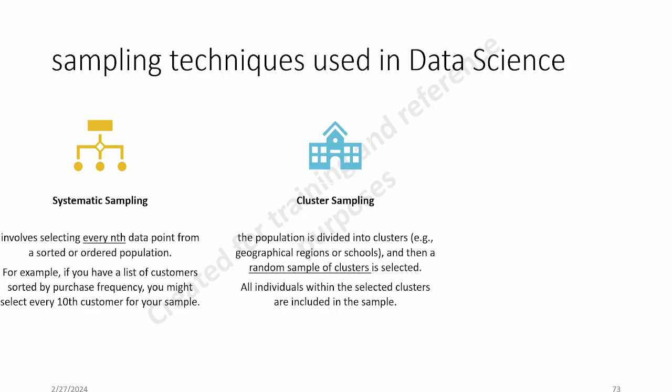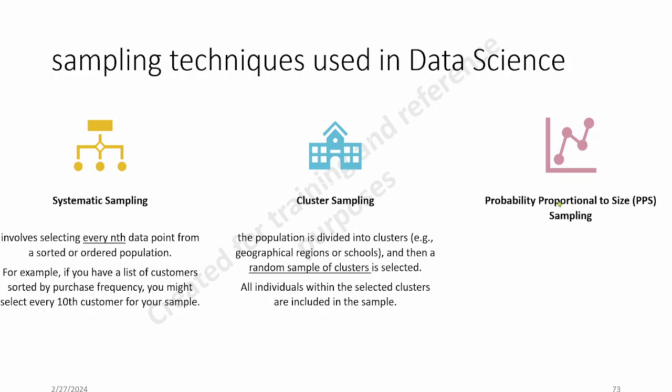Let's say I have 20 regions and each region has schools. We pick a random number of regions from those 20, and after that we select all the schools or hospitals from the selected regions or clusters. So this is called cluster sampling.